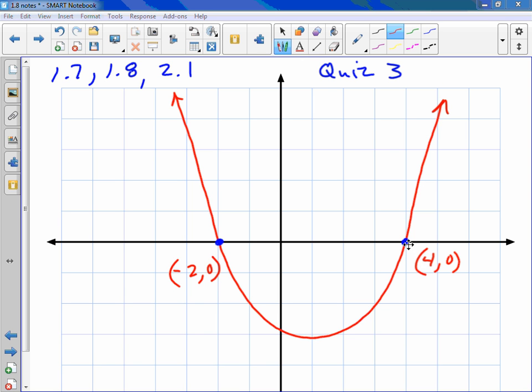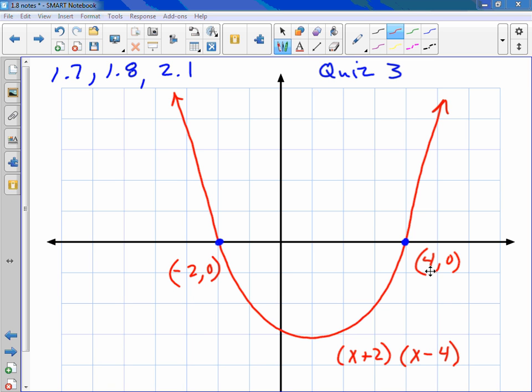And so we can say that a factor, if a root is 4, then the factor will be x minus 4. Notice I have to change the sign. And another one would be x plus 2.